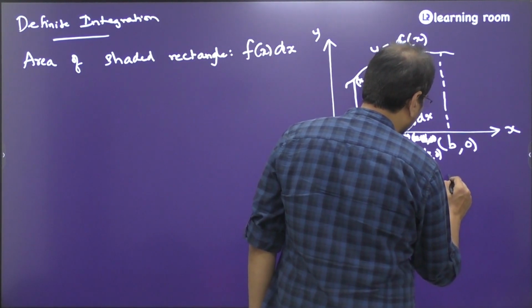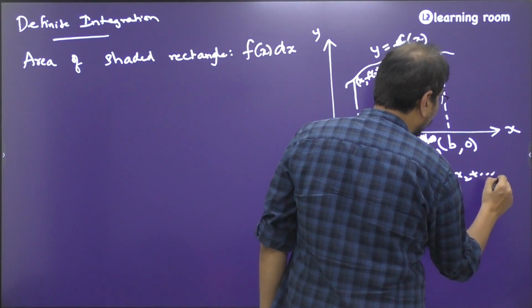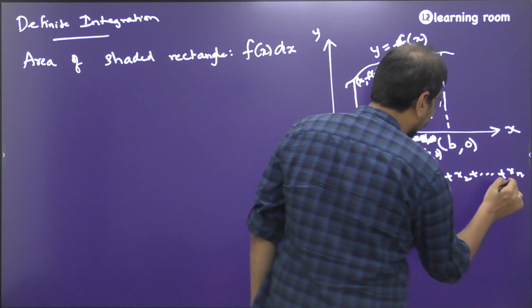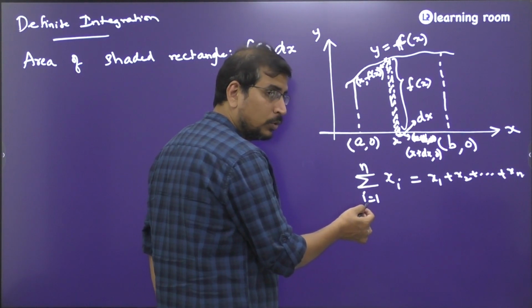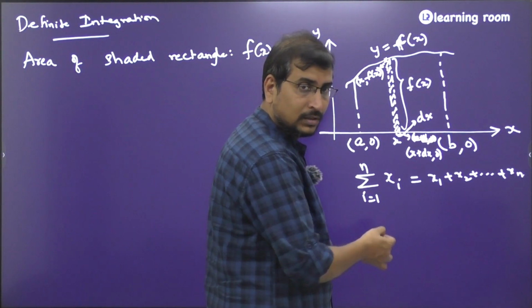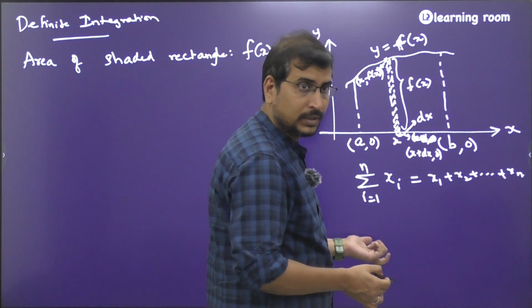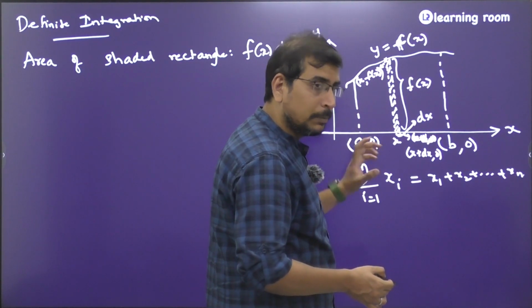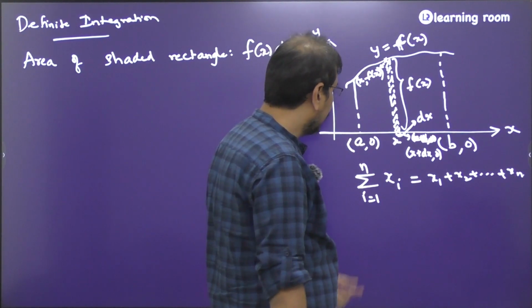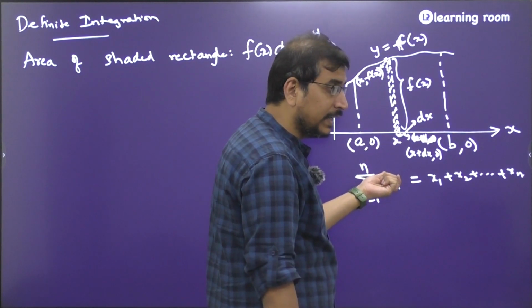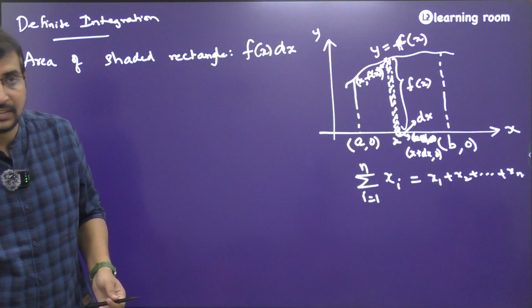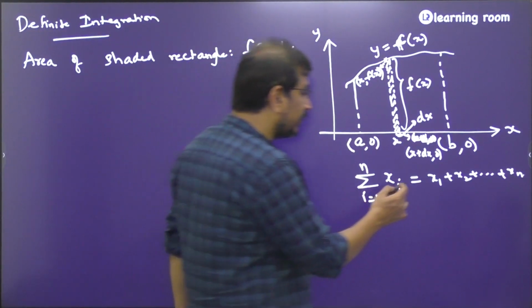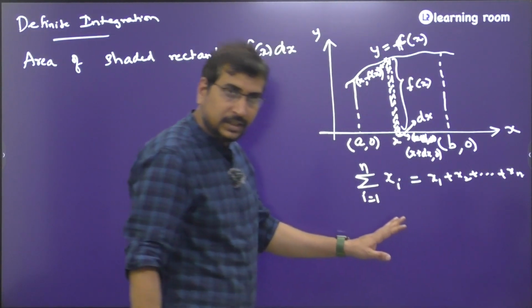You will have x1 plus x2 plus so on till xn. Here i equal to 1 is the lower limit and n is the upper limit, where xi is the variable. This is equal to the sum of all these values. Am I clear with this?